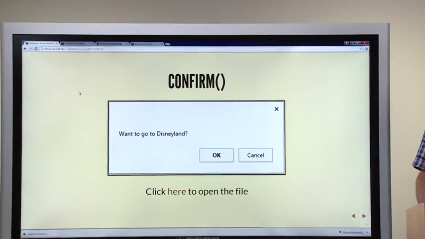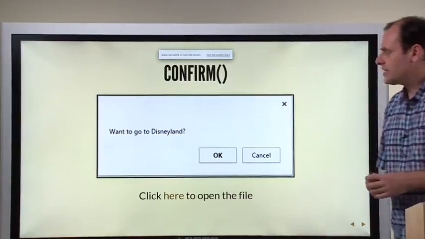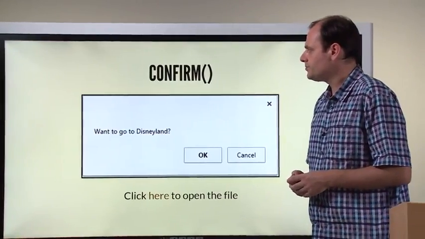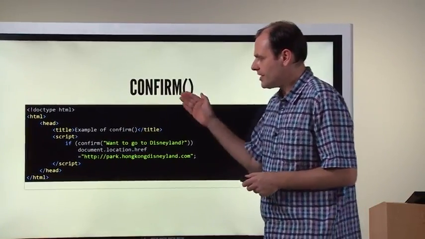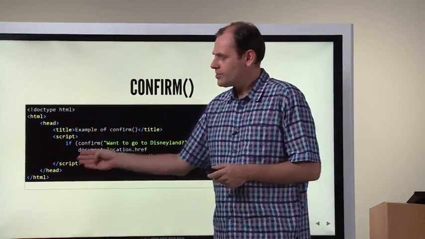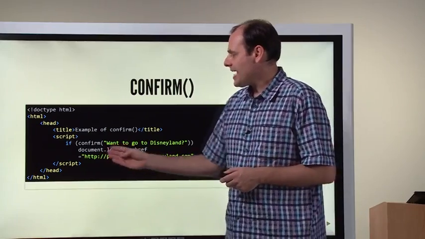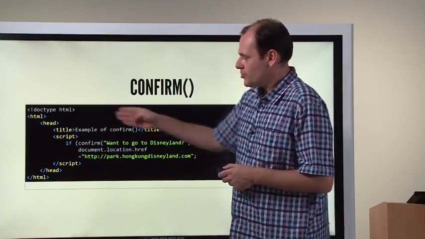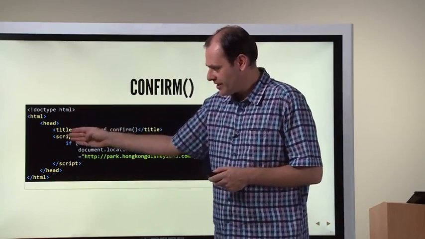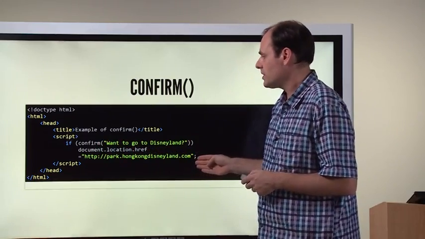Let's look at our code for this example. Looks like this. There's our web page. Script is being added in the head area, which is no problem. And we've said immediately run some JavaScript. As soon as this web page loads, it will come down here and say, okay, immediately I must run this JavaScript.